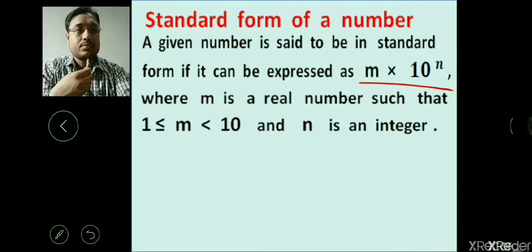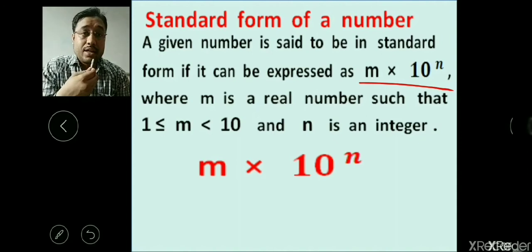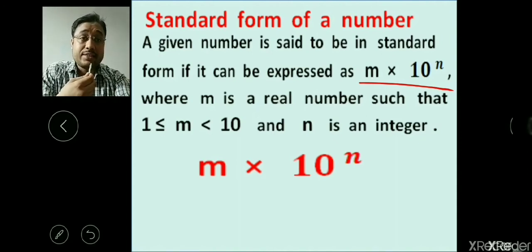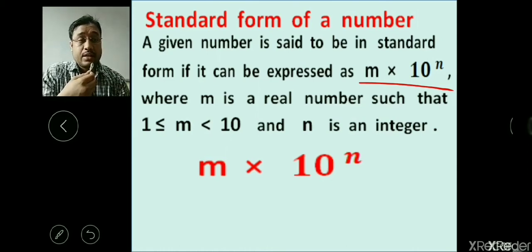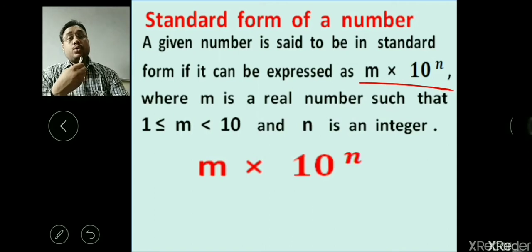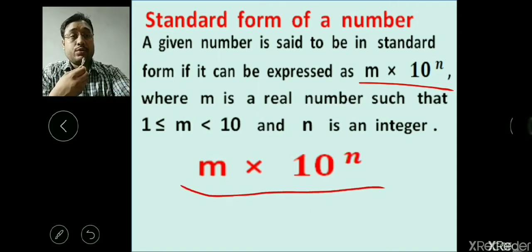Now if the number you are representing in standard form is very large, then the power of 10, the number n, will be a positive integer. So this is the form m into 10 to the power n.